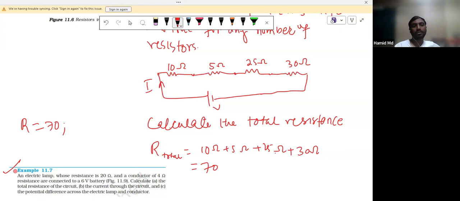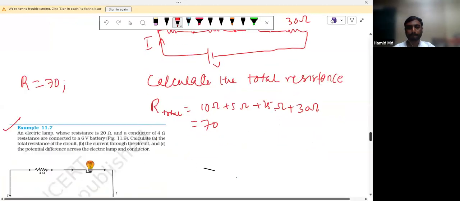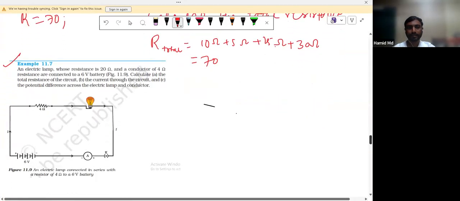Calculate A, the total resistance of the circuit, B, the current through the circuit, and C, the potential difference across the electric lamp and the conductor. Sorry. This is the figure.